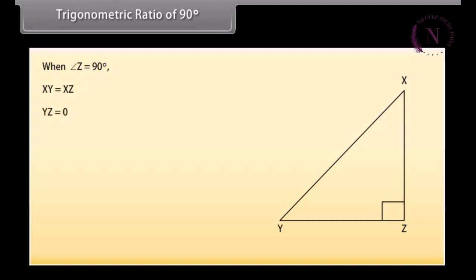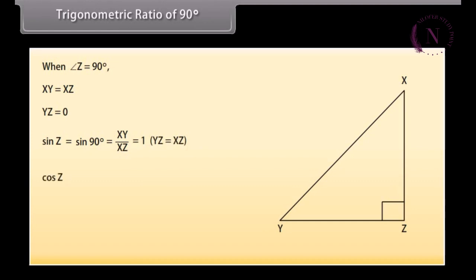is 0. Let us understand what happens to the values of trigonometric ratios. Sin Z is equal to sin 90 degree, which equals XY upon XZ, which equals 1, as YZ is equal to XZ.